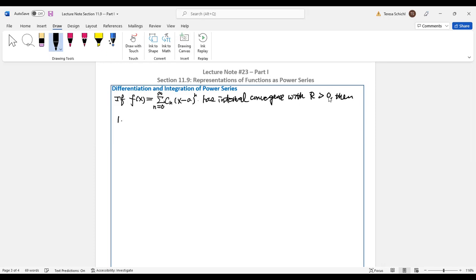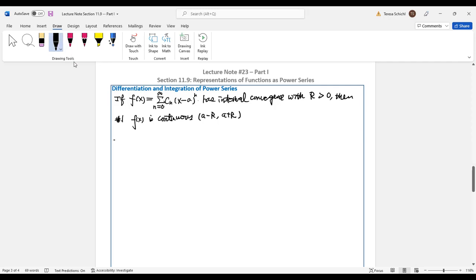Then we have a few good characteristics here. The first one: f is continuous on the interval from a minus R to a plus R, where a is the center, because we can find the radius of convergence.